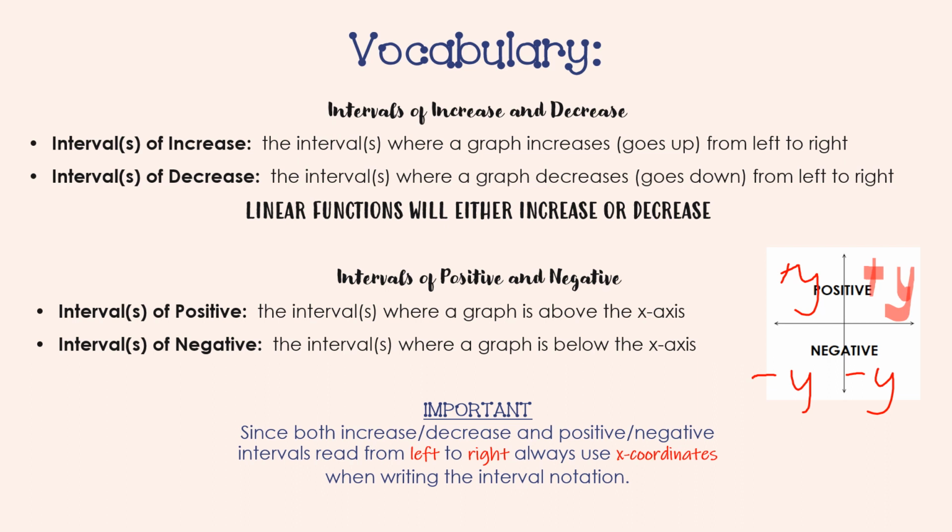You're also going to go left to right on this. Lines will have both an interval of positive and negative, unless they were completely above or completely below, but we're not going to be analyzing horizontal lines. So you'll start at the left, which is negative infinity, and you'll end at the right, which is positive infinity. You will use, again, x coordinates as you do increase, decrease, positive, and negative.